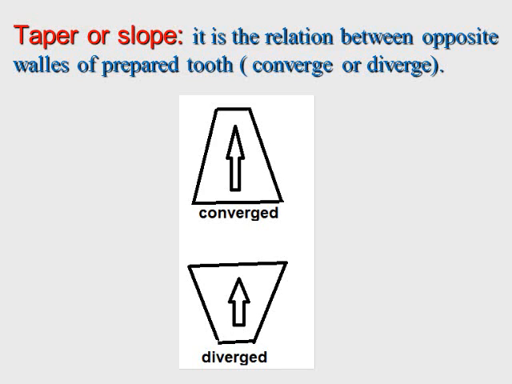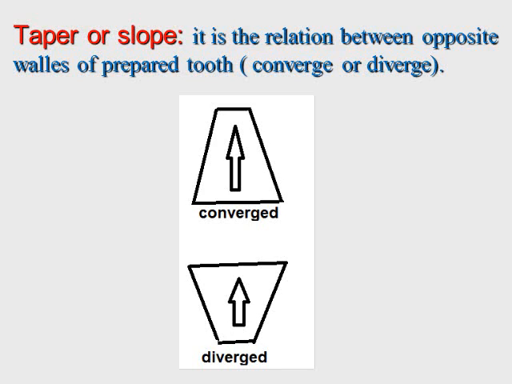That means if we extend the planes in the direction of the arrow, they will meet together, and this we call convergence. When the planes meet together, it is a converged relation of the walls, and we call it the tapered preparation.